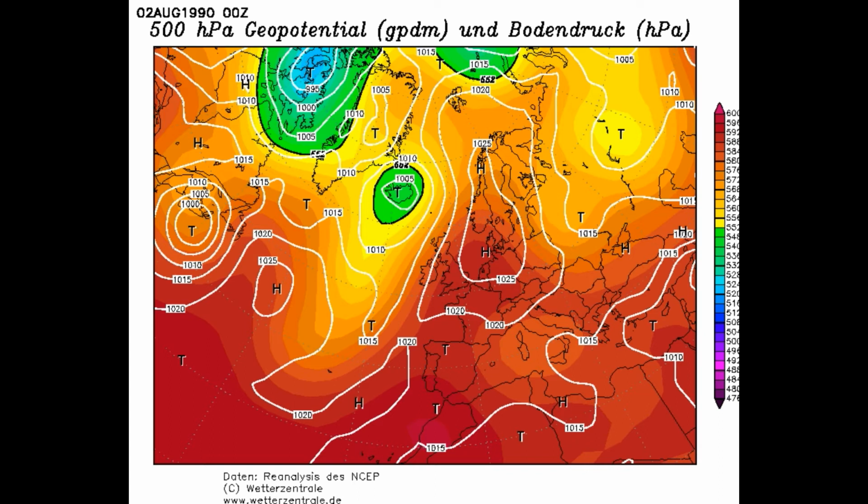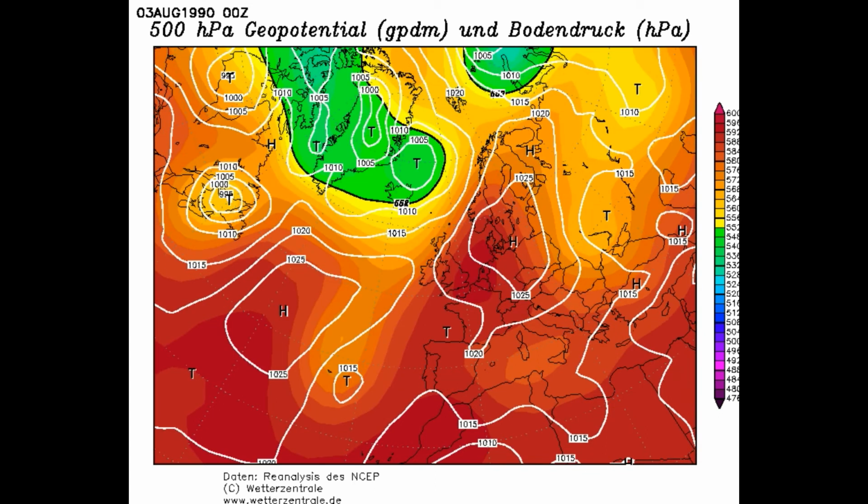But as we move through into the 3rd, this is where the hottest day of the 20th century occurs. The 3rd of August 1990 was the hottest day, and was a historical day as well, to say the least. And as you see in the north, we've got the Atlantic trying to come through.